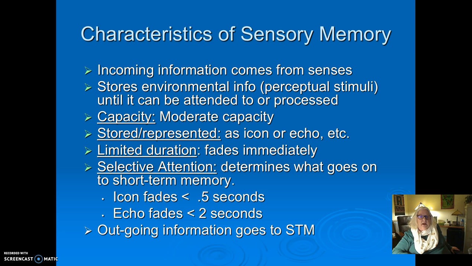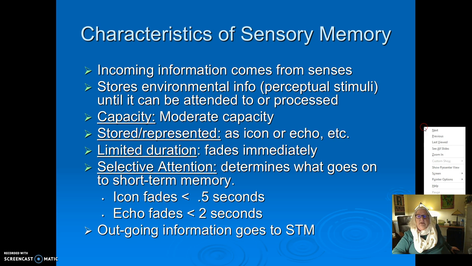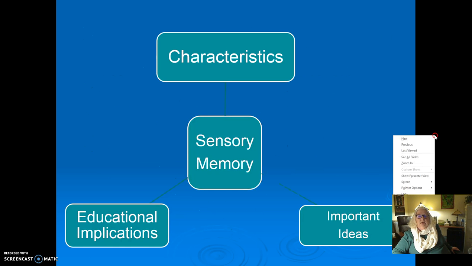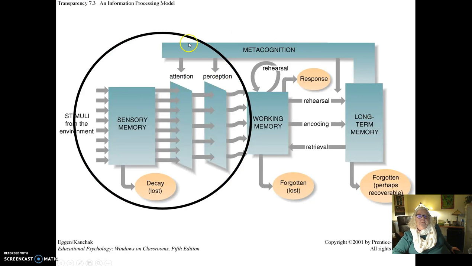How is this information encoded? How is information encoded in sensory memory? Well, we think that the perceptual information coming in will be stored as an icon, which means a visual image.